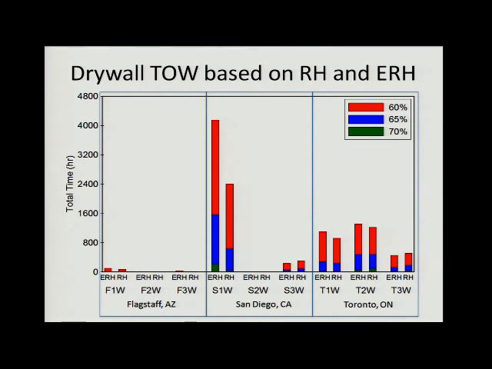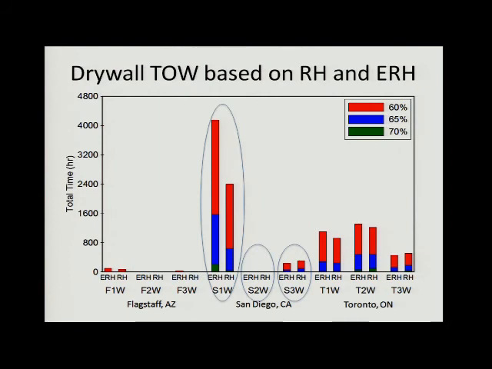So for example, Flagstaff is pretty dry, except they have a little monsoon season in the fall there. San Diego. Look at the differences between buildings and how extreme they are. So keep in mind the scale here, and I'll come back to that in a second.